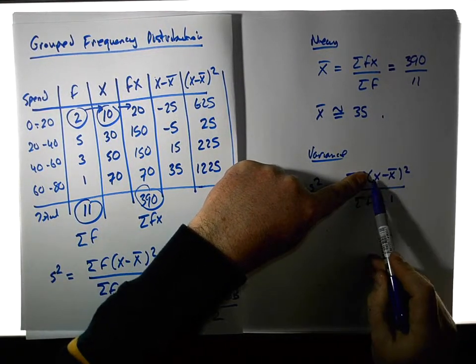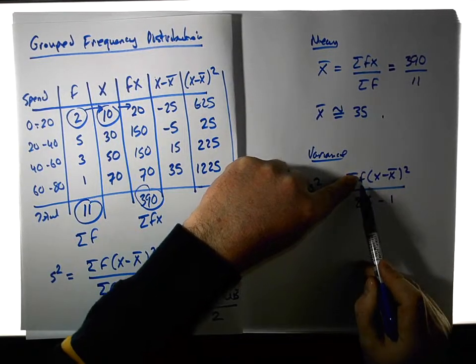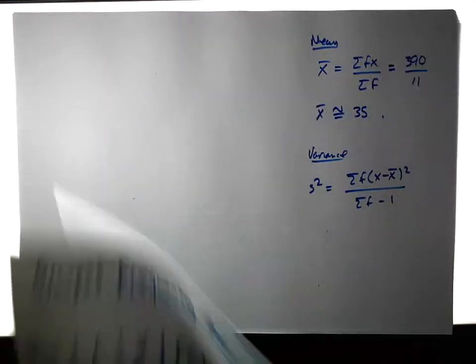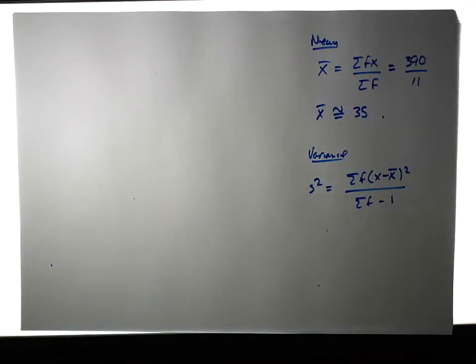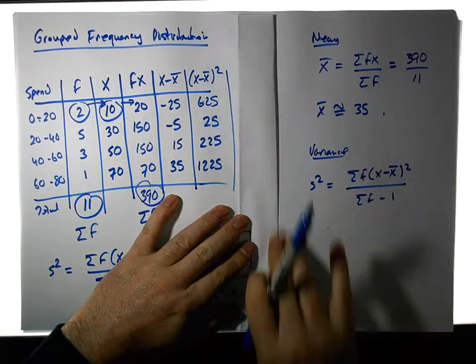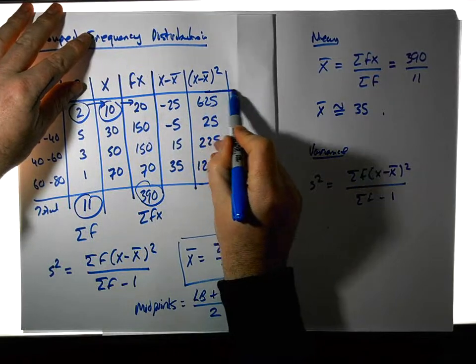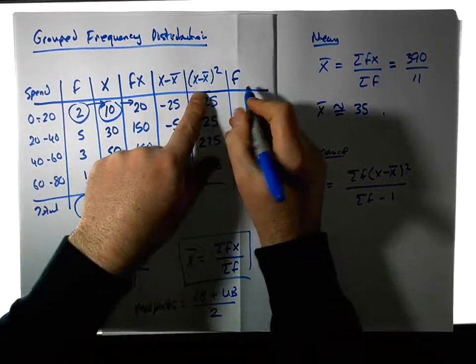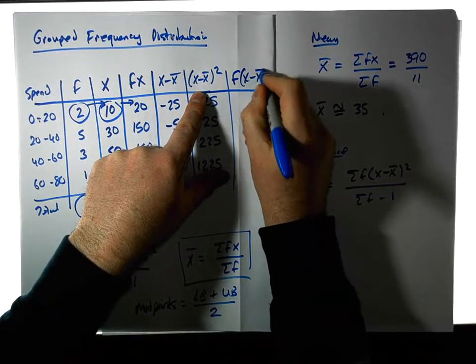So now we need to take that column and multiply it by the values in the F column. Okay. So we're now going to create another column, our final column when we're dealing with group frequency distribution. We're going to take our F values and multiply them by the x minus the x bar squared values.